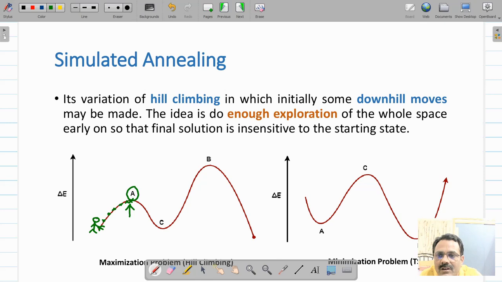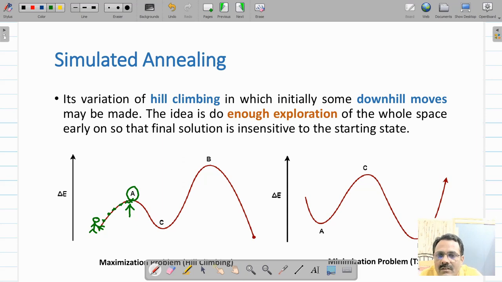The algorithm is not complete. It may return you a suboptimal solution, which is something like this in the current situation. A is not the maximum along this search space, but the hill climbing search algorithm returns solution A. Here it should have returned solution B, which is the maximum along this search path.